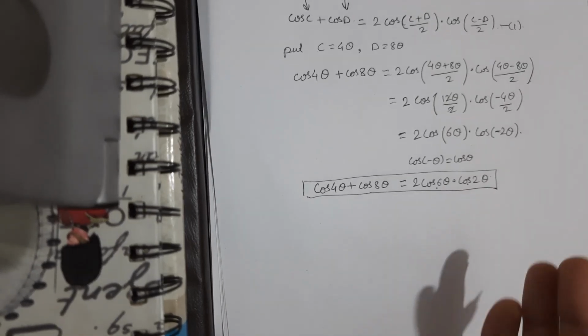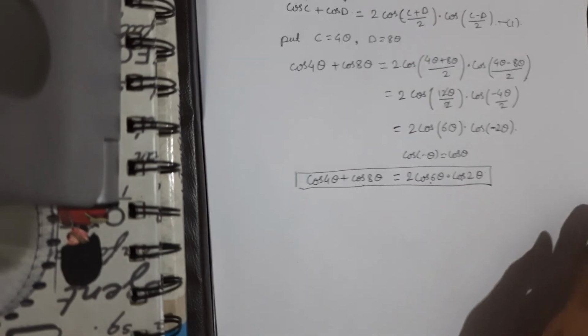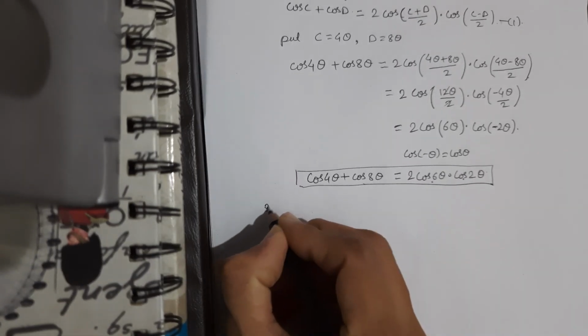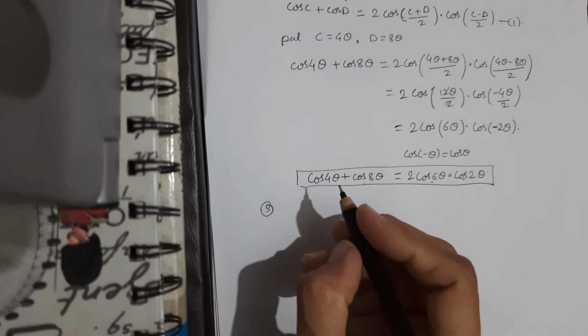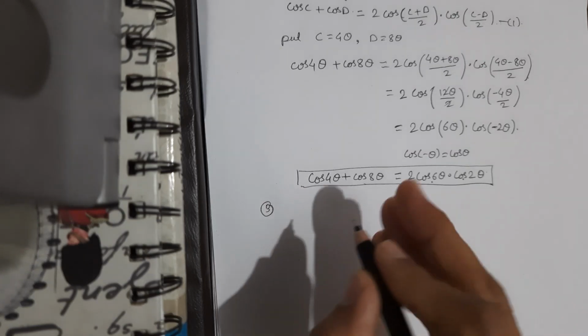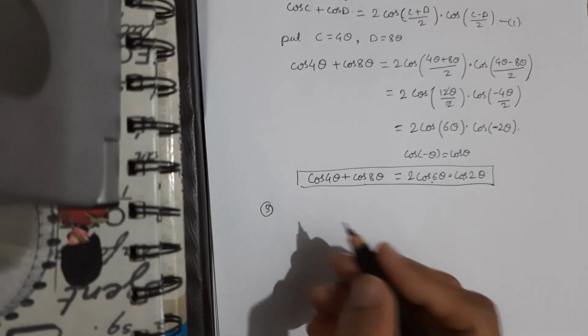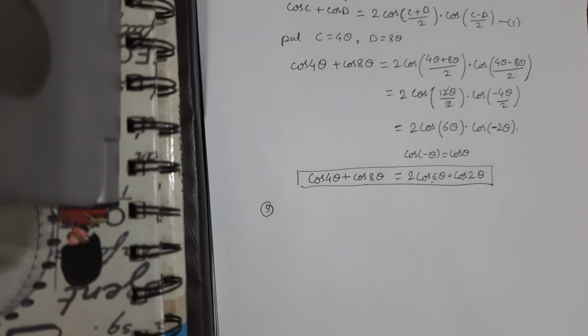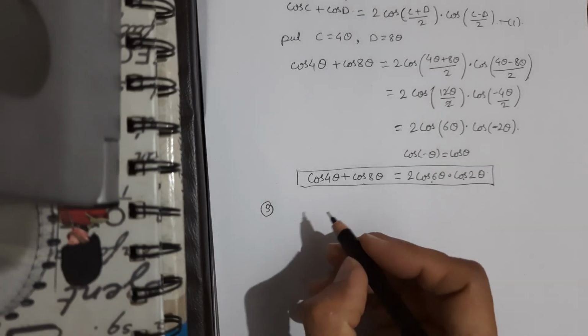Now let's try to solve an example the opposite way. Suppose a product is given and I want to express it in the form of a sum or difference.